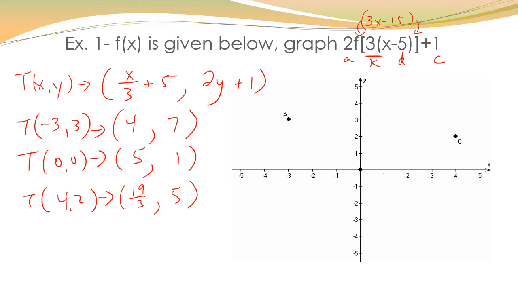So A is going to be transformed to 4, 7, and we'll pretend that's 7 there. So there's A2. B is going to be transformed to 5, 1.